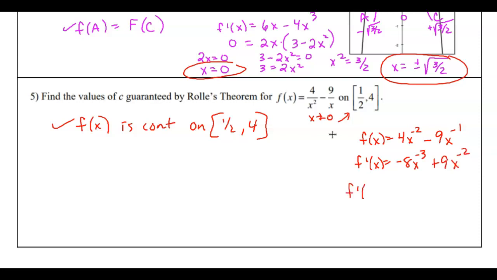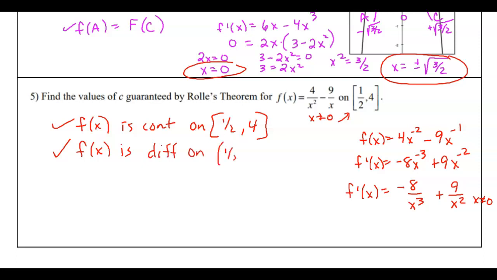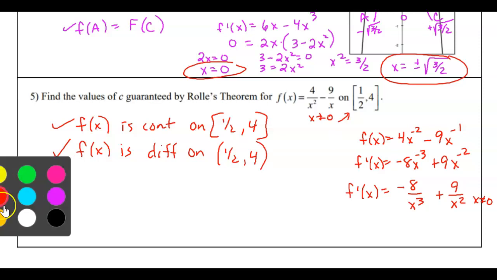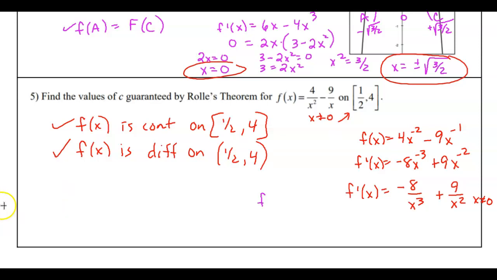I'm going to write that nicer so I can tell. All right, and I know I can't have 0. Well, that's not on my interval anyway. So f of x is differentiable on 1/2 to 4. Okay, so then I want to plug in f of 1/2 into the original, remember?